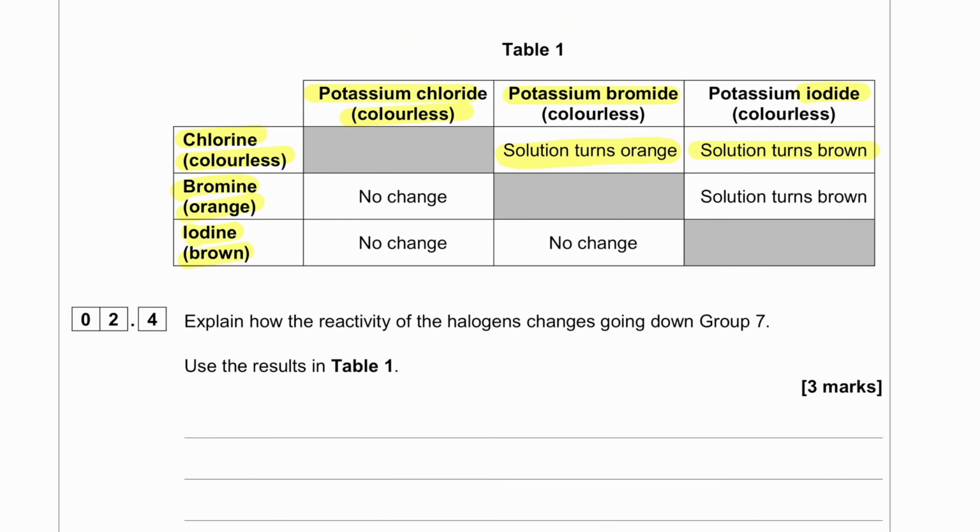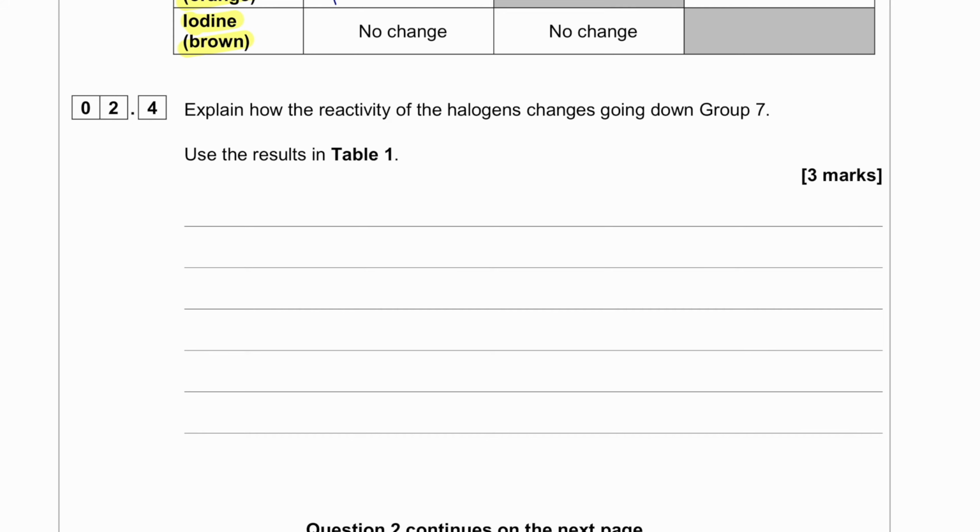Very good. So in both of these cases, we saw that there is a reaction happening. And in the case of bromine, we see a reaction only in the case of the iodide. With chloride, there was no reaction. And with iodine, there was no change with chloride and bromide. So the question says, explain how the reactivity of the halogen changes going down the group.